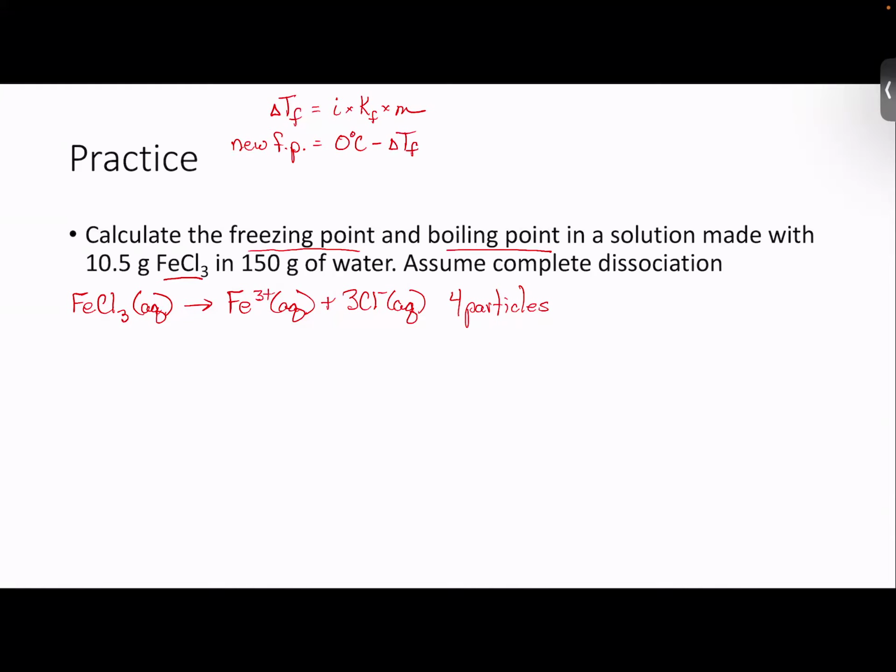For the boiling point, delta TB is equal to I times Kb times the molality. And then the new boiling point is going to equal 100 degrees Celsius plus delta TB.